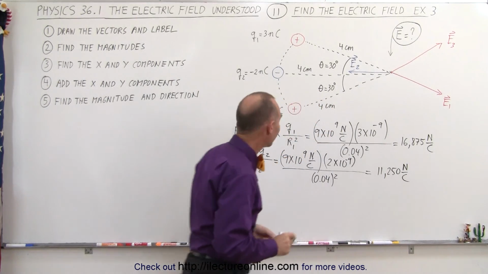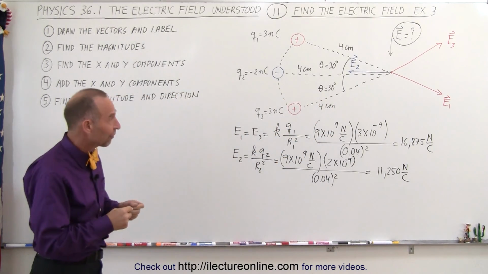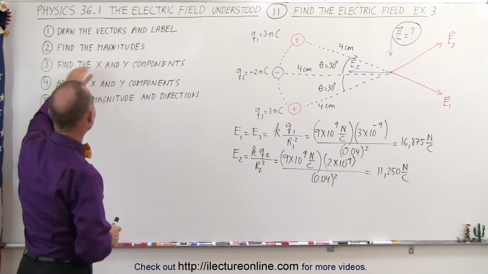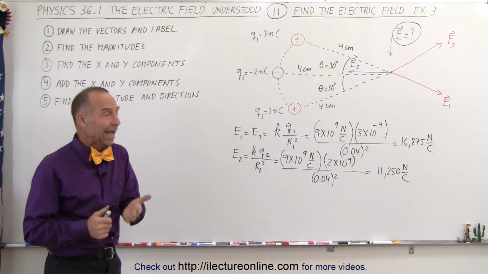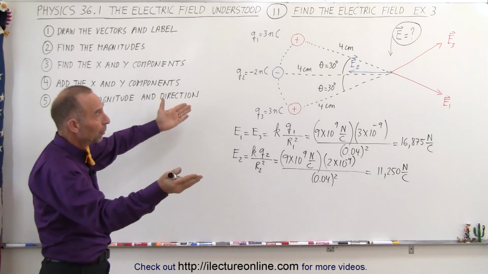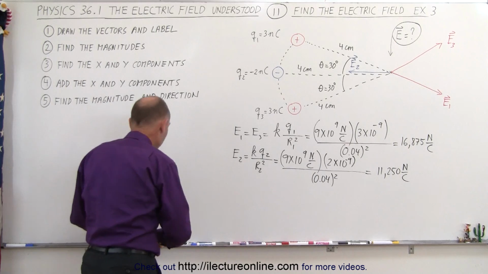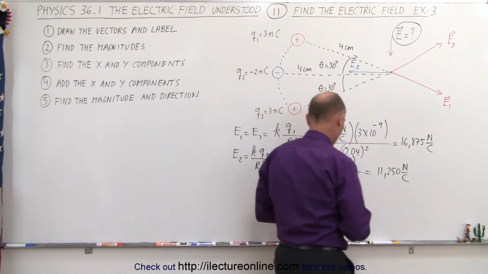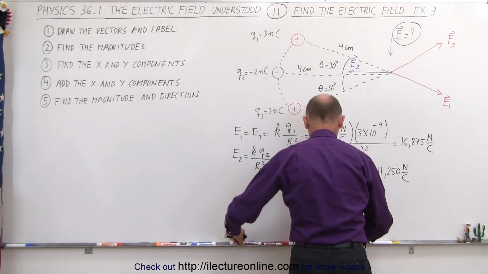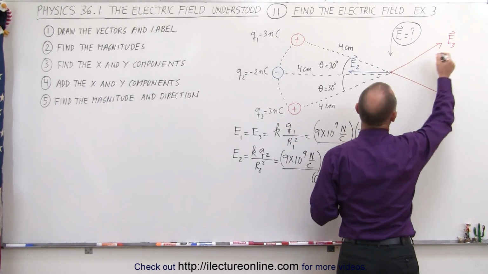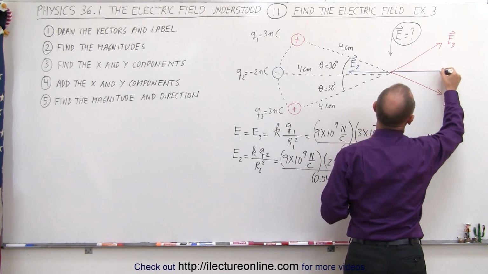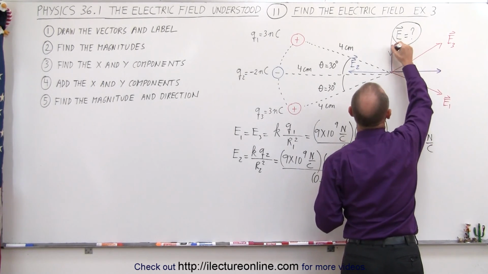All right, so now we have the magnitude of all three of those electric fields. Now we need to find the x and y components, and here we do indeed have to do that because they're not all pointing in the x or the y direction. So for E3, I'm going to have an x component and a y component.